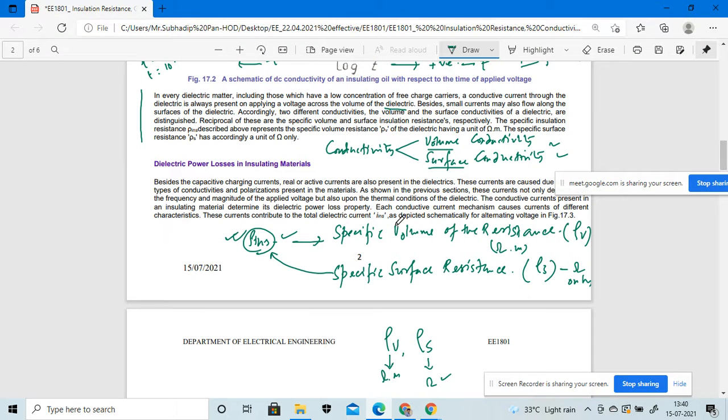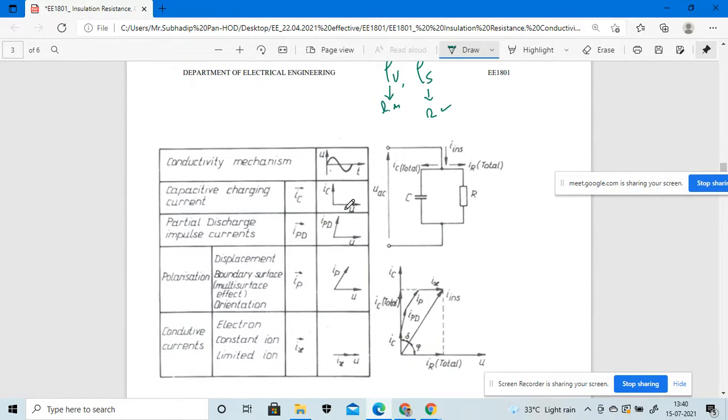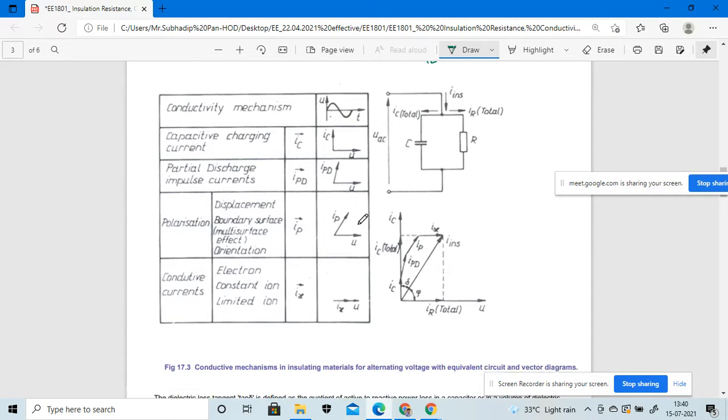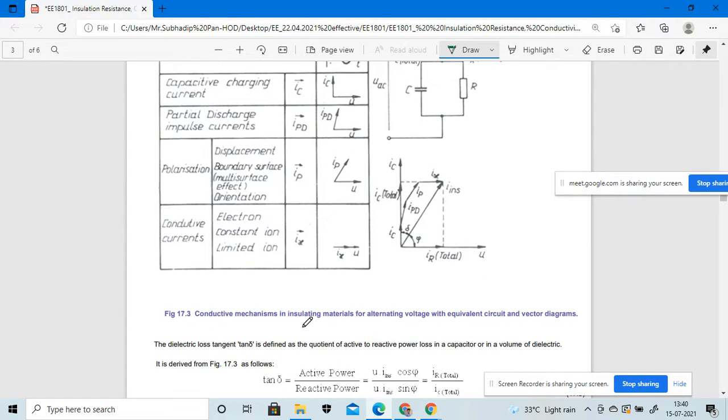So we are giving the introduction part for the power losses. Whenever we consider the conductivity of an insulating material, there must be a power loss. How will the power loss be defined? We will consider the figure for the conductive mechanism of an insulating material for an alternating voltage, with an equivalent circuit and its vector diagram, right?